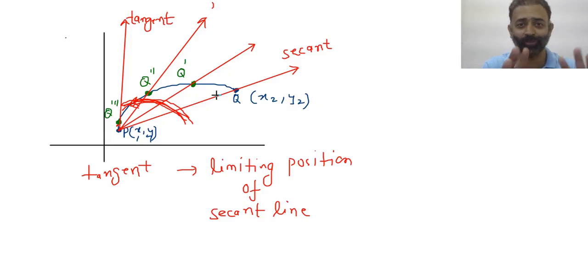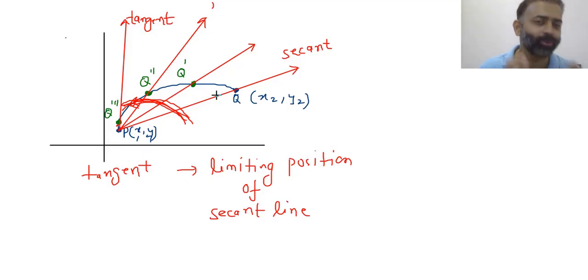The application of this limit concept developed the idea of differential calculus, and later on differential calculus was applied in various other subjects also, where the change of one quantity can be measured with respect to another quantity. Here we can say that the y coordinate is changing with respect to the x coordinate, which is the gradient.